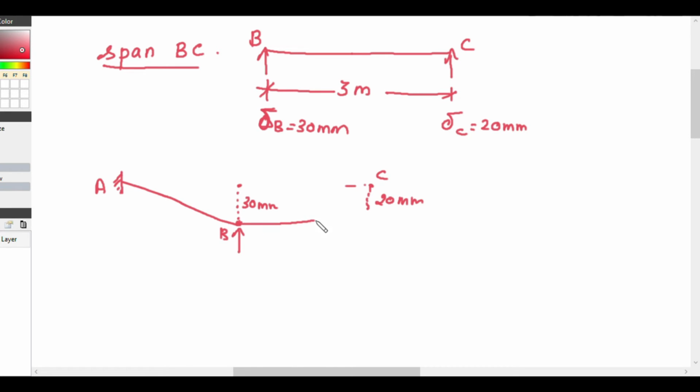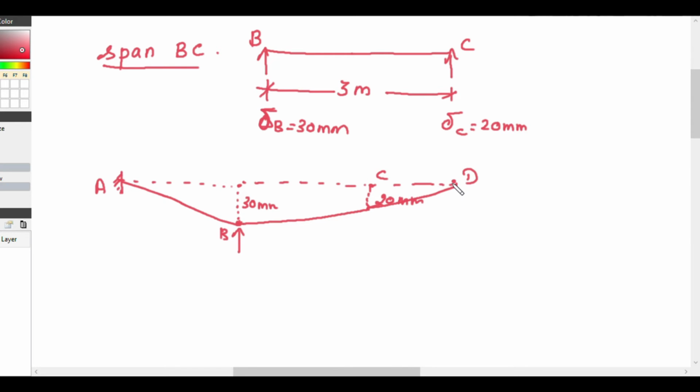So the shape of your beam will be like this. Then D, sorry, yes. So D will be here. So this is the shape of the beam, right?